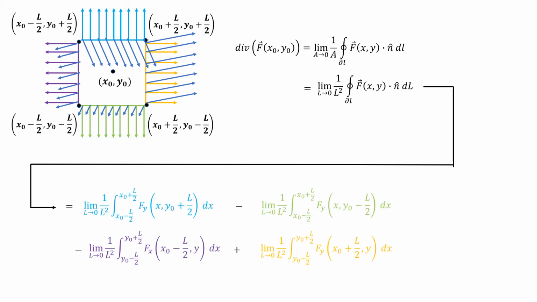For each term, the dot product with the unit normal vectors effectively extracts from the vector field its x or y component, and it also changes the sign of the term depending on which unit vector was involved.